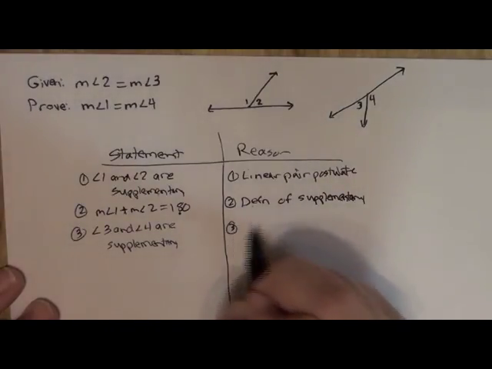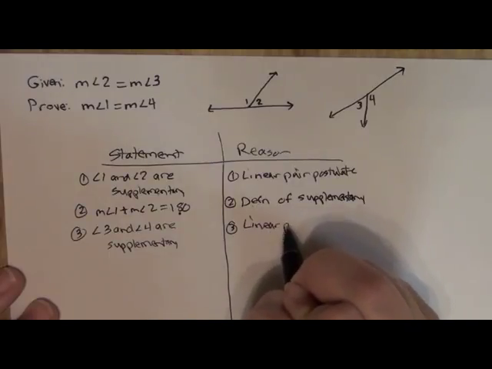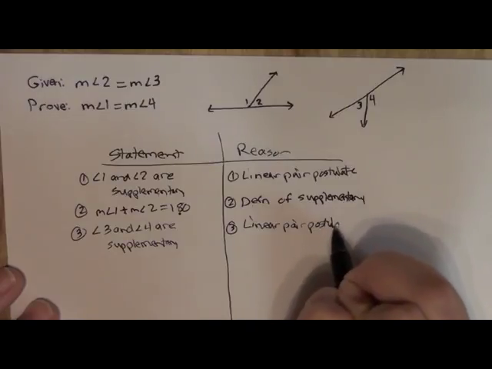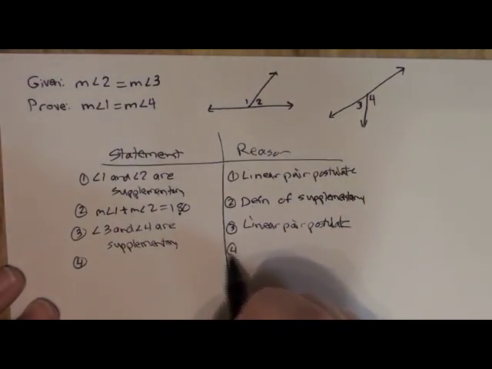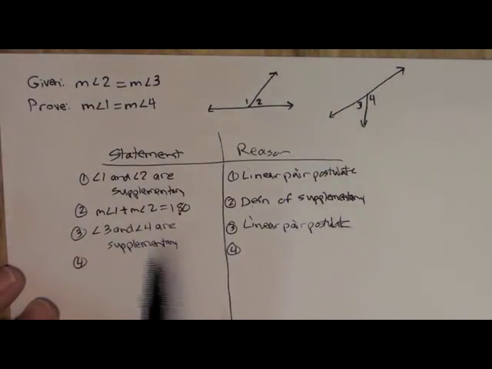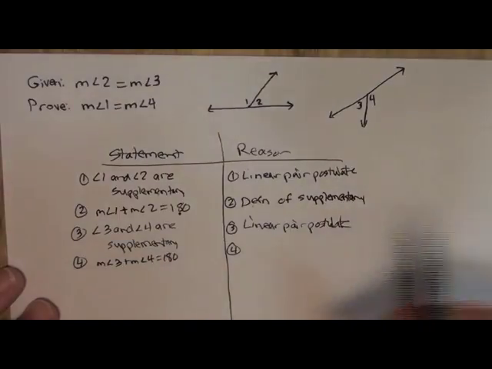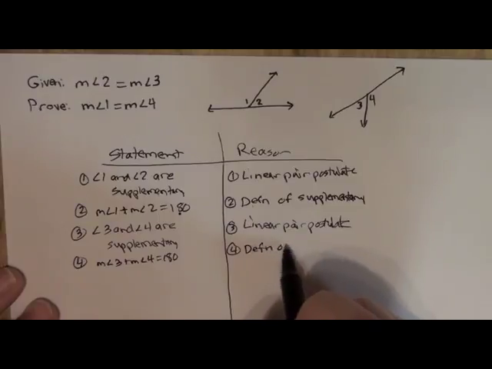And our reason, just as before, the linear pair postulate. So what's it mean? They're supplementary. How does that help us? Well, it helps us because since they're supplementary, that means the measure of angle 3 plus the measure of angle 4 equals 180. And again, the reason we know that is because of the definition of supplementary.